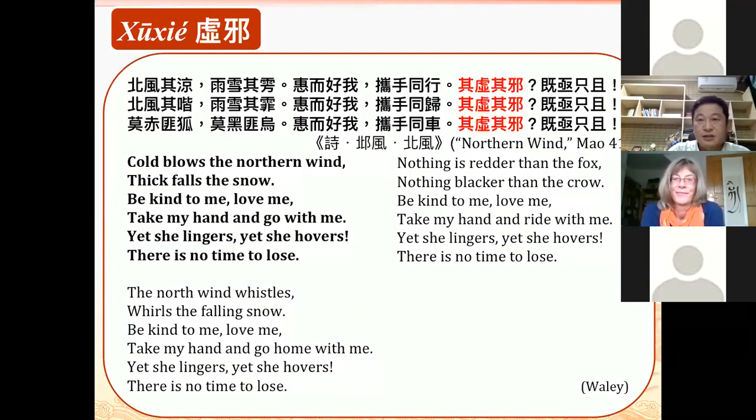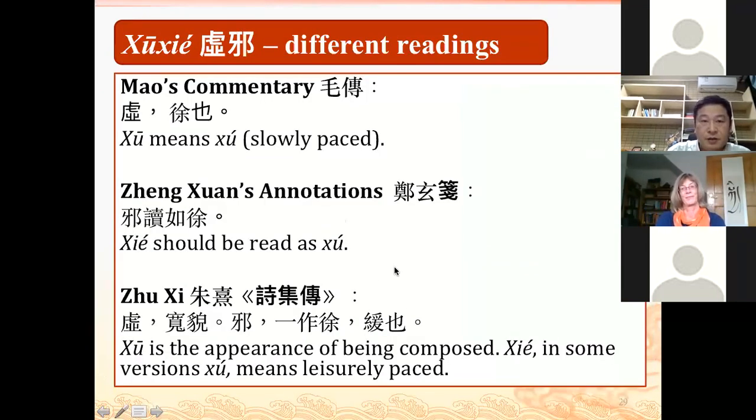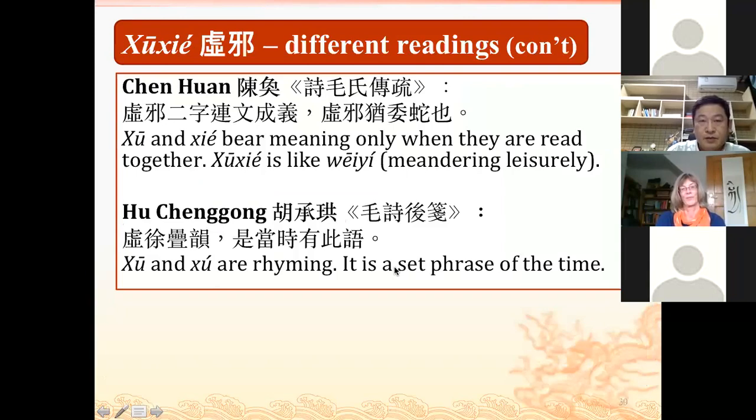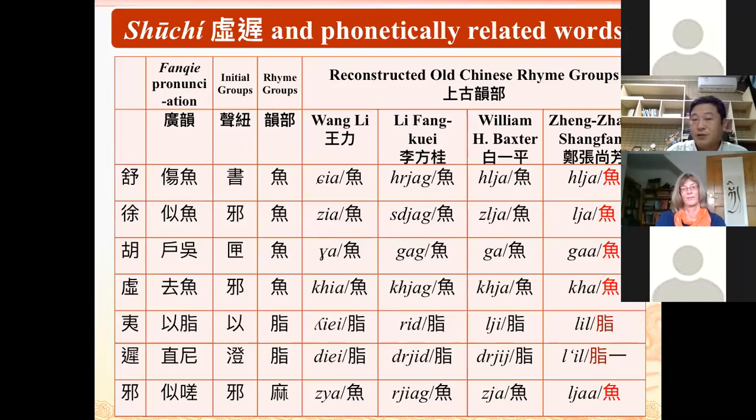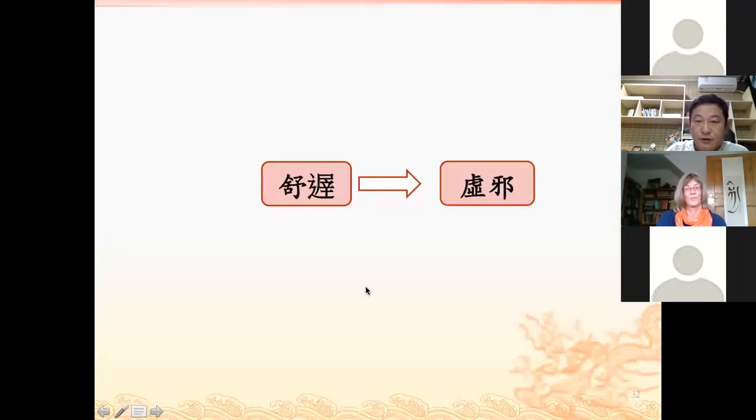虚谐 is another term that we found belonging to the same category of the Xiaoyao word family. These are the reconstructed Old Chinese rhyme groups of 虚谐, Shu, Yi. We found this binome in other inscription texts as well.